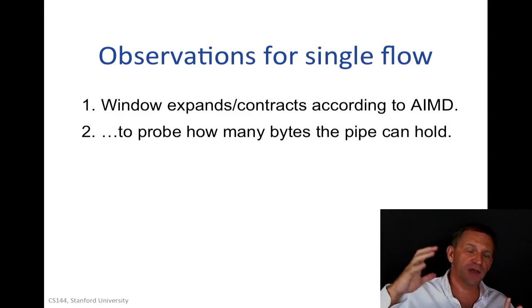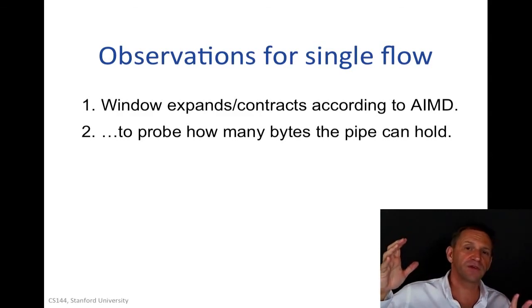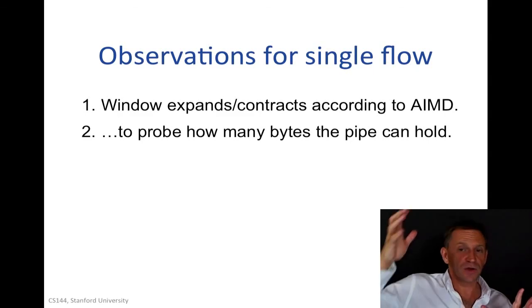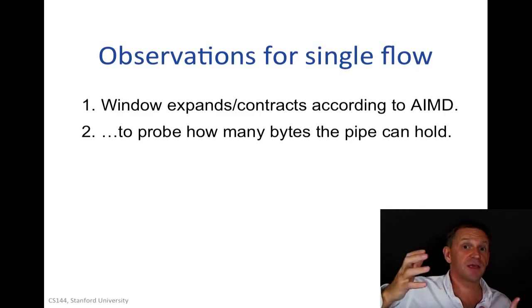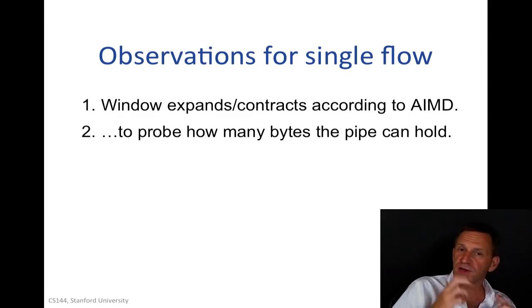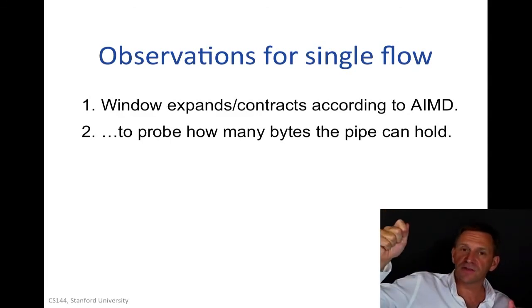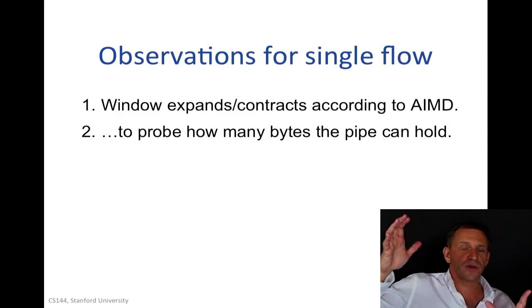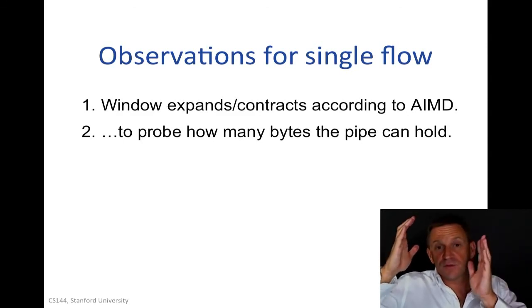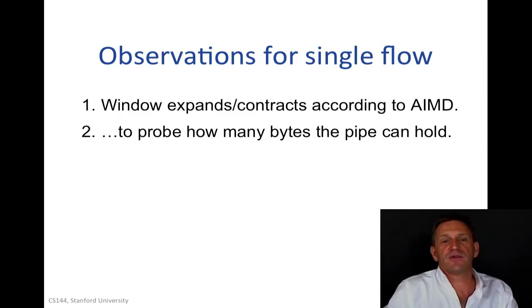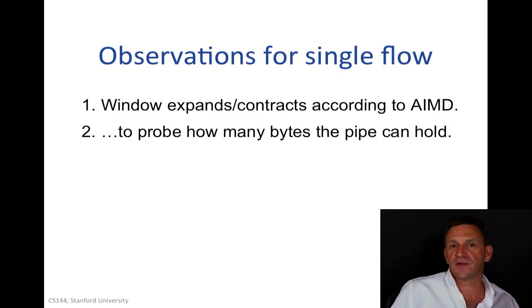We're going to carefully increase it, see how much space there is. If we find that we overfill it, we're going to drop back down again, and then we're going to keep trying to probe it to see if there's more capacity that's available. So we're going to tentatively, additively increase, and then if we find that we're going into trouble, we're going to very quickly, in a very responsive way, drop back down again to be able to reduce the number of outstanding bytes in the network as quickly as we can.